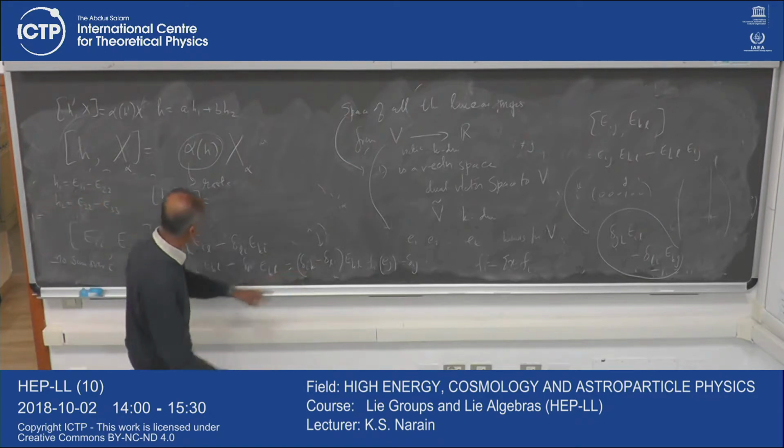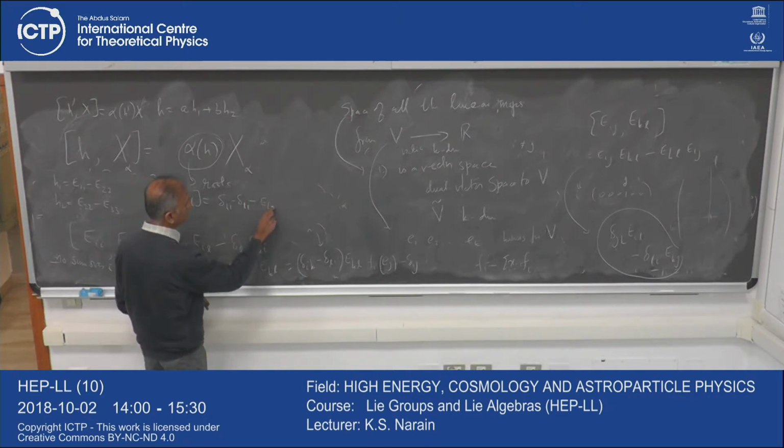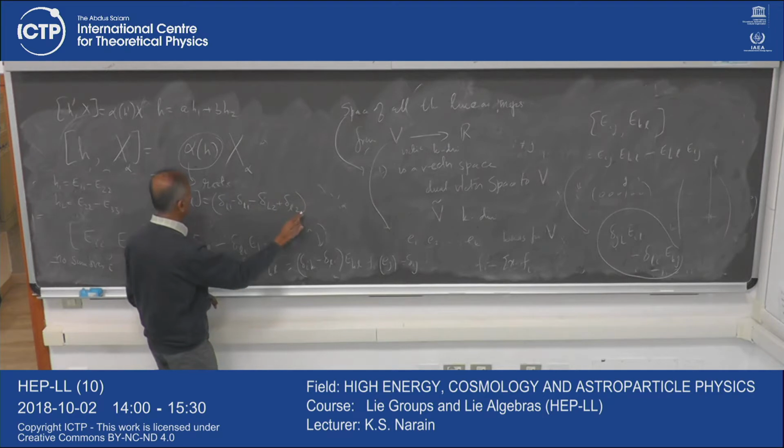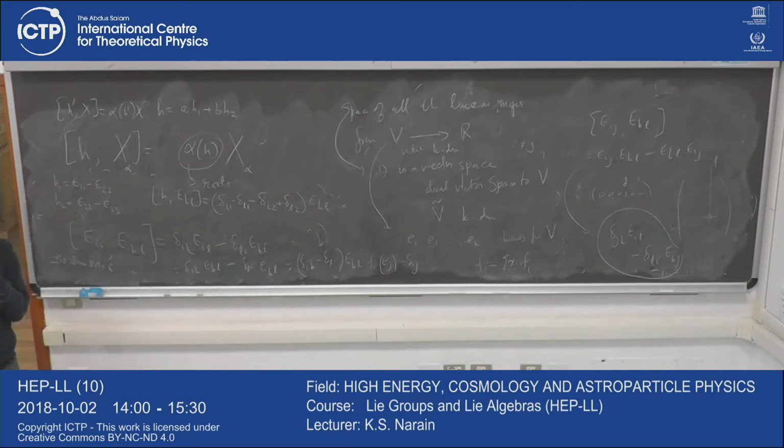So you see you get here delta K1 minus delta L1 minus delta K2 plus delta L2. I'm just substituting, for this guy I substitute I equal to 1, and for this guy I substitute I equal to 2, and take care of the minus sign.